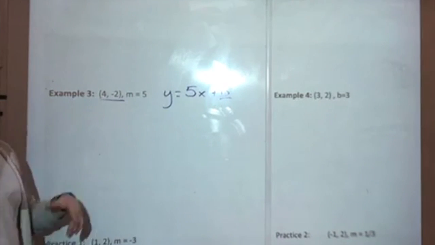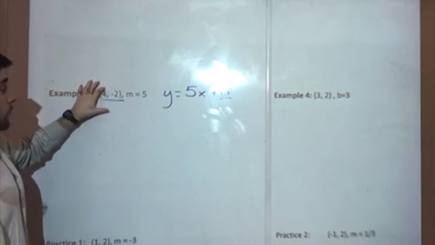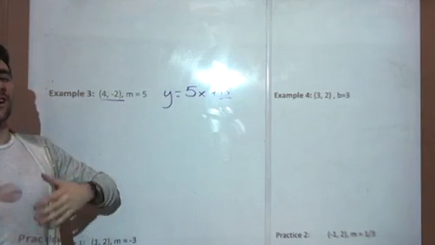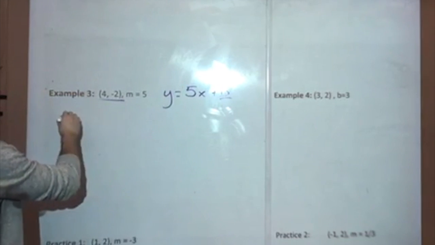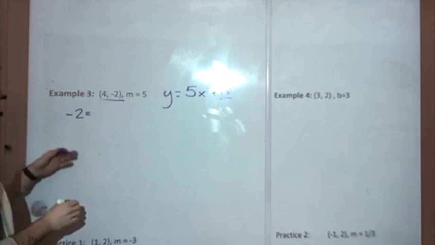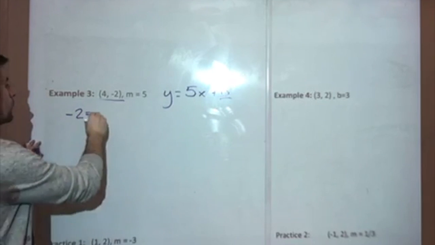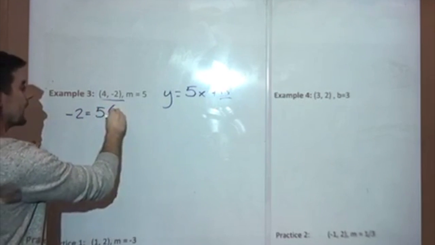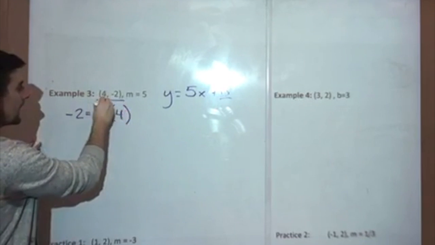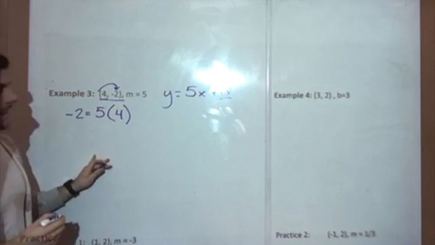That point represents an xy pair, so knowing this point has to be on the line, we're going to substitute. When y is negative 2, I know that the corresponding x value is 4, because that's the input that determines that output.